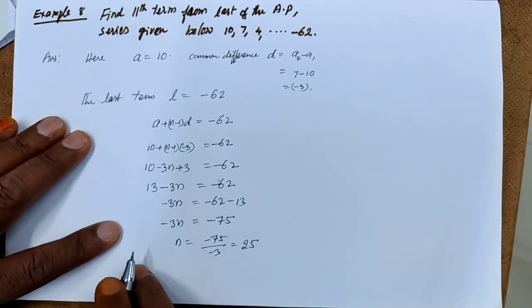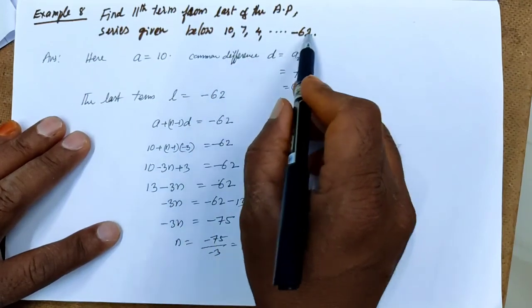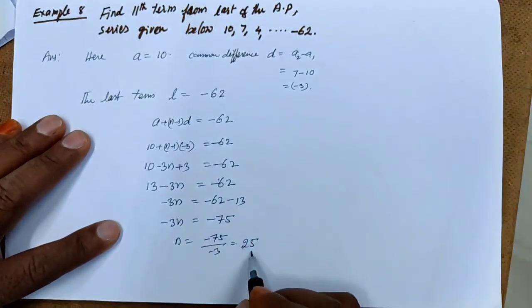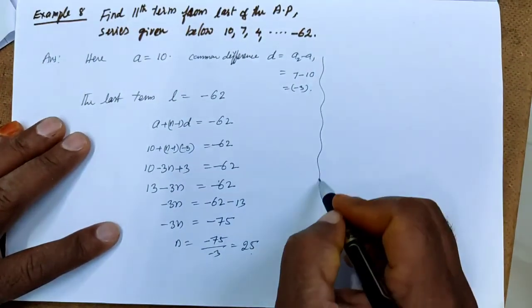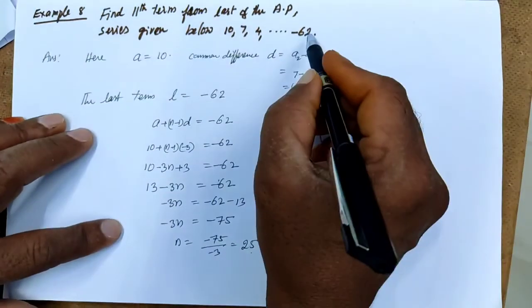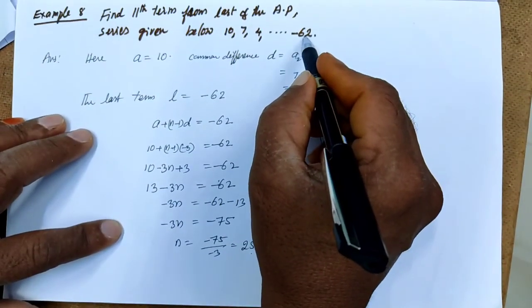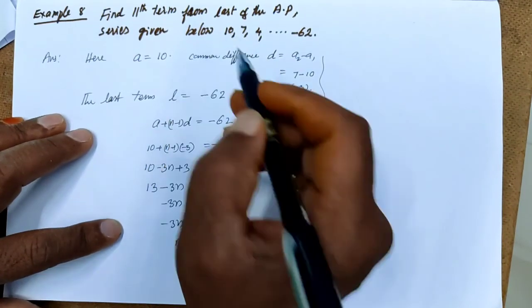So the number of terms in this series: from here to here, how many terms are there? 25 terms. So we have to find the 11th term from the last, in this direction.